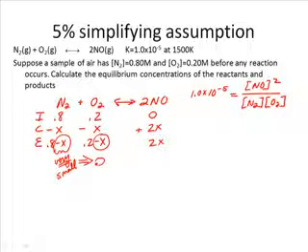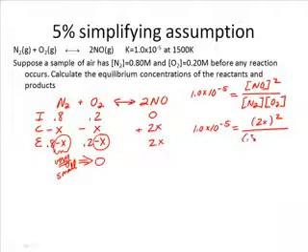In other words, we're going to just say X is 0. X is out there way in the decimal places, so it's not going to affect our calculation if we say that it's 0. Well, if I do that, what do I get? If I plug in those numbers, I get 2X squared over 0.8 times 0.2. Much easier than doing all that work to find out what the quadratic is.